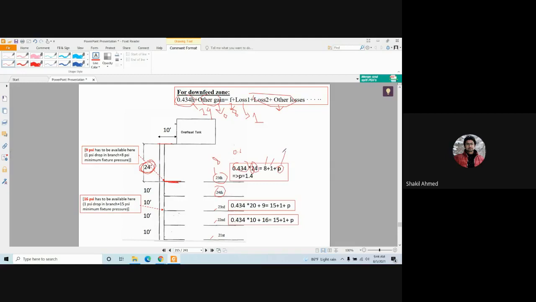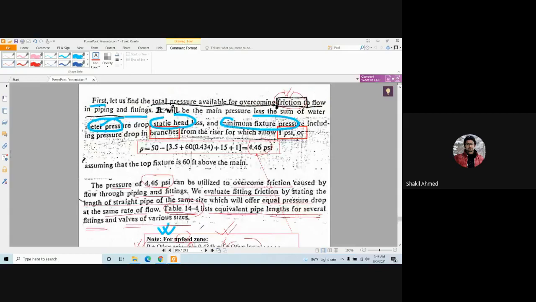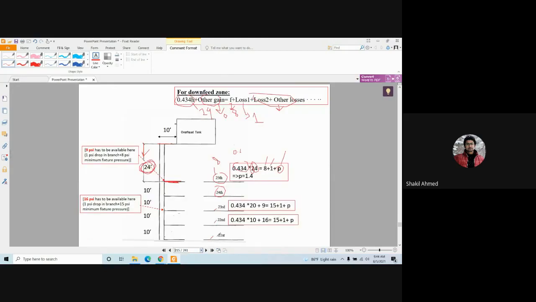What is P, guys? This is the total frictional loss. As the water passes through the pipe, there is frictional loss, and that is P. This is the same as the P we have done before. So from here, you calculate small p.